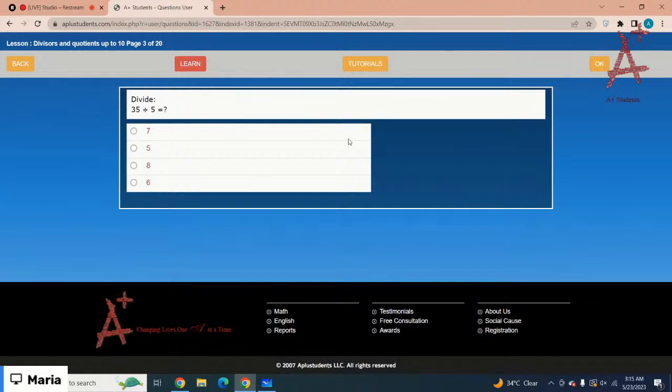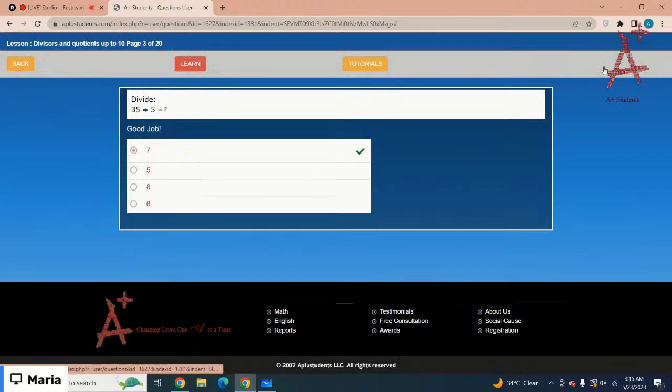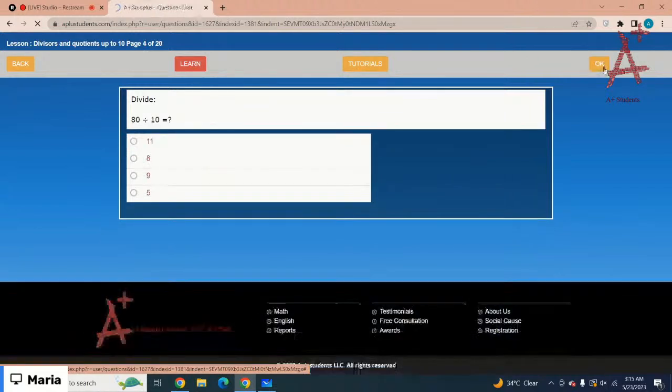Yes, 5 times 7 is 35. So the correct option is 7. Okay, the next one is 80 divided by 10.